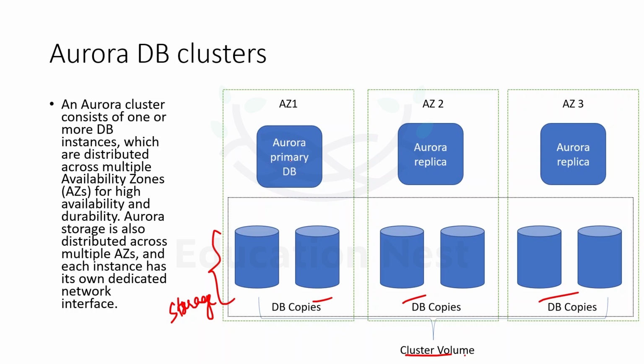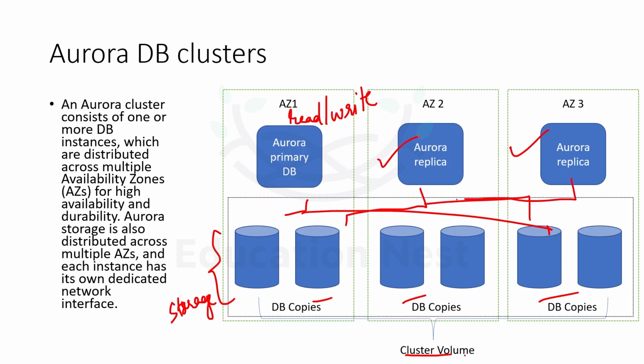The primary database instance supports our read as well as write operations and performs all of the data modification to the underlying cluster volume. Each Aurora DB cluster has one primary DB instance, which is compulsory. Then we have Aurora replicas, which connect to the same storage volume as the primary DB instance.